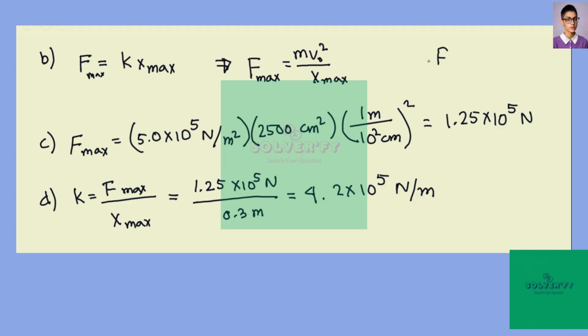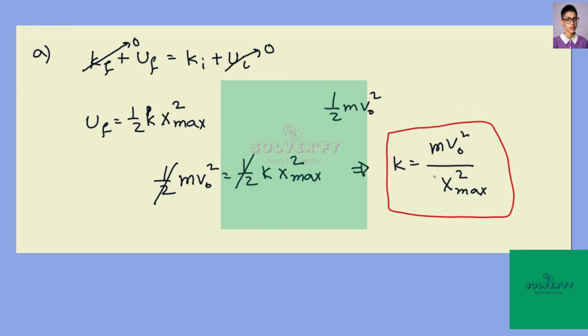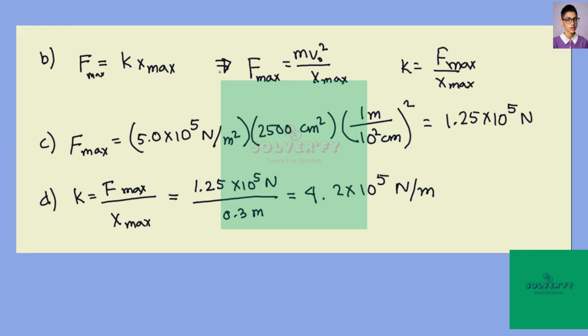So if we set k equal to F max over x max and put that in this equation and solve for it, we see that F max is m v naught squared by x max.